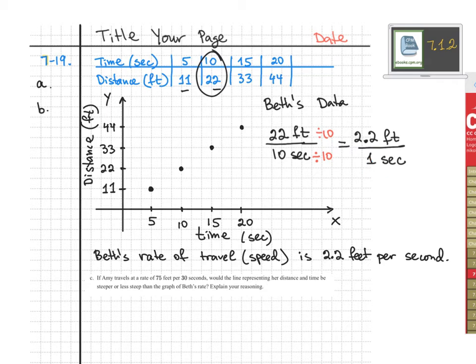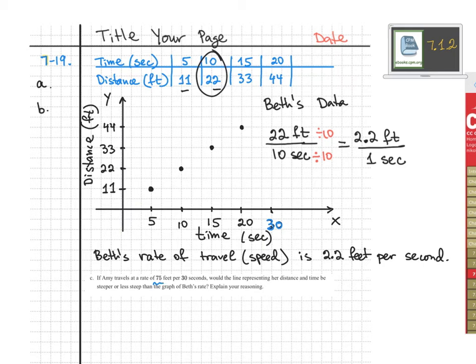So 30 seconds, I was counting by 5, so 30 seconds will be somewhere over here. Let's use different colors. And then they're asking 75 feet. On my paper, I didn't leave a lot of space, but I know it's going to be way higher based on the number.